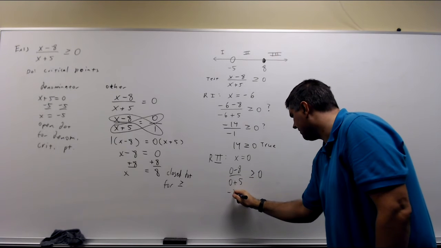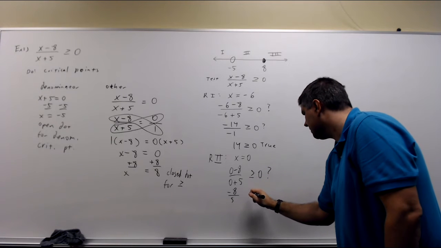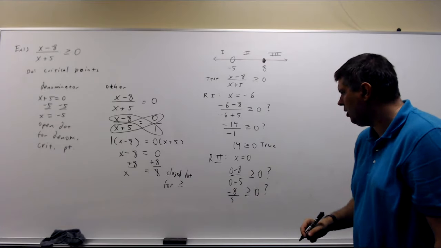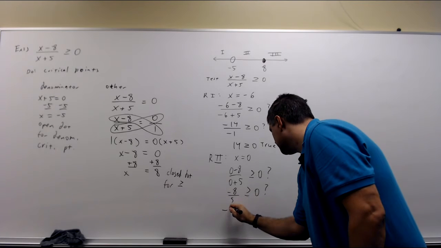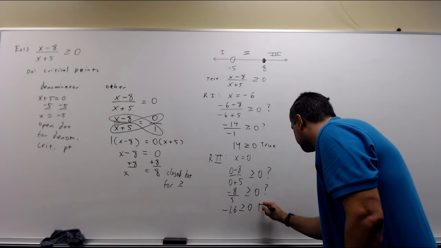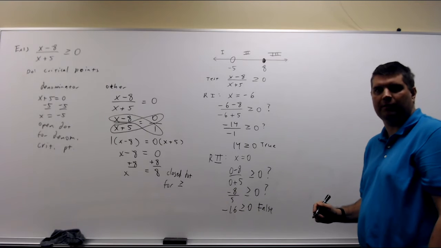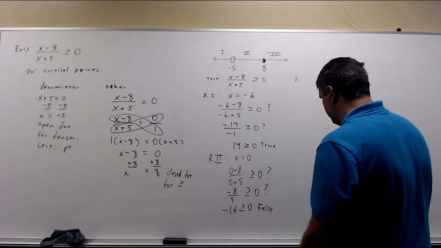So that's negative 8 over 5. Okay, well, that's a negative number. That's false. There's no way a negative number can be greater than or equal to 0. Okay, so now I'll go on to region 3.